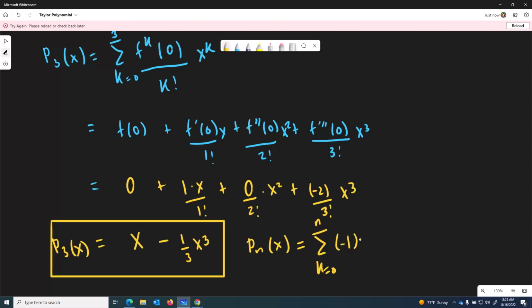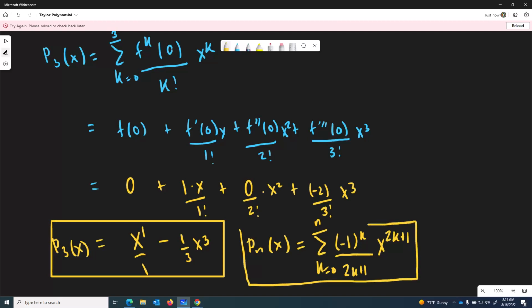So essentially we're going to have negative 1 to the k, divided by 2k plus 1. Notice that this is to the 1 and this is to the third power. What that means is that it's going to be powers of x that are odd, so you have 2k plus 1. So essentially this is the nth degree polynomial for arctangent of x.